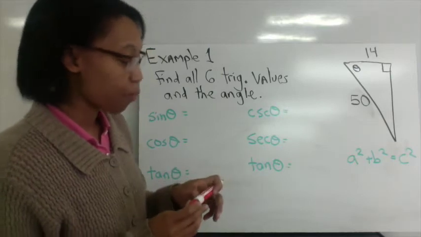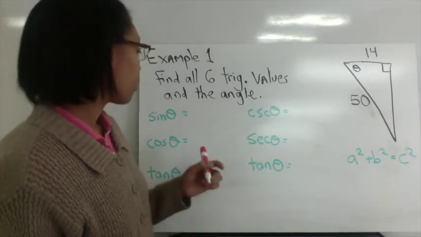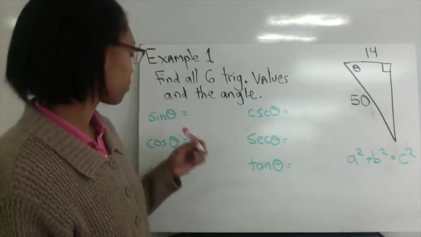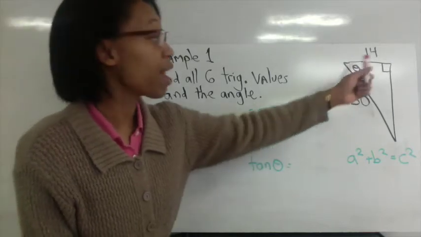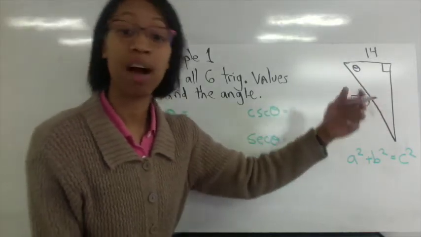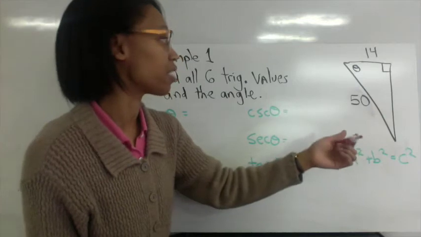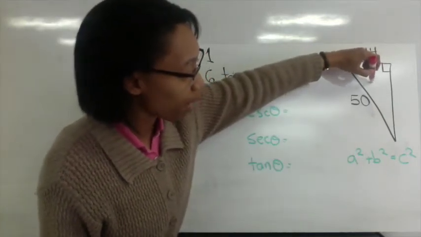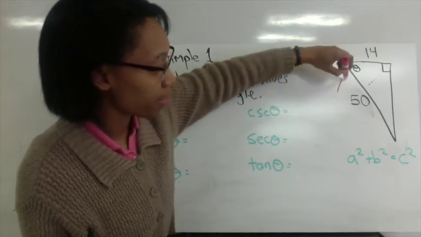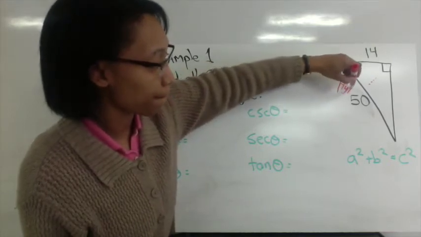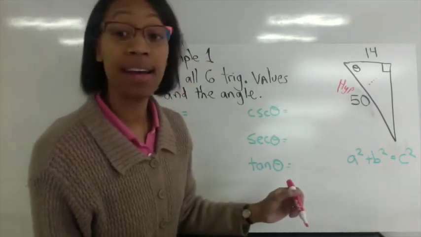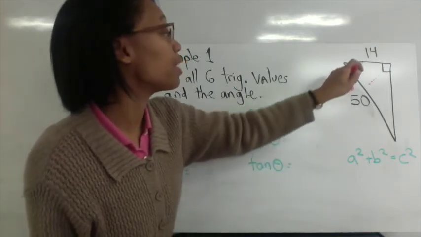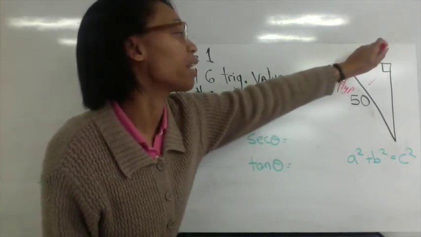In order to find the sine, let's go ahead and label our sides. Which one is the opposite, hypotenuse and adjacent side? Well, here's my 90-degree angle. Directly across from my 90-degree angle, that means this is the hypotenuse. This is the side that's touching the angle, so this is my adjacent.